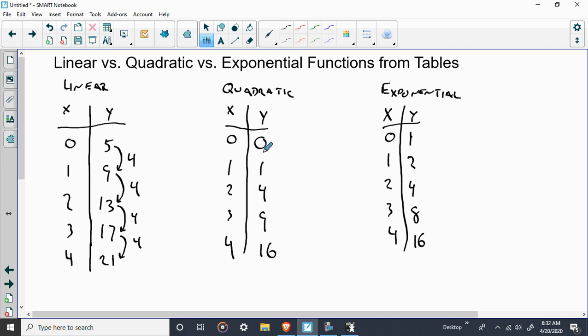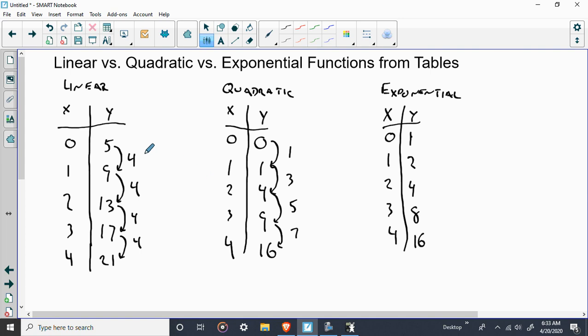For something that's quadratic, let's take a look. What's my change here? Well, 1 minus 0 is 1. 4 minus 1 is 3. 9 minus 4 is going to be 5. And 16 minus 9 is going to be 7. So again, it's a pattern, right?